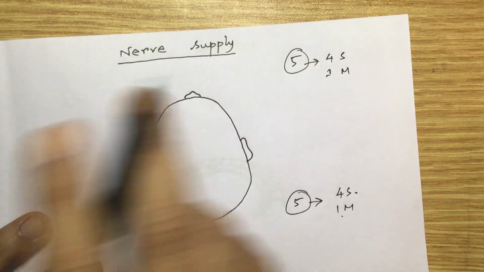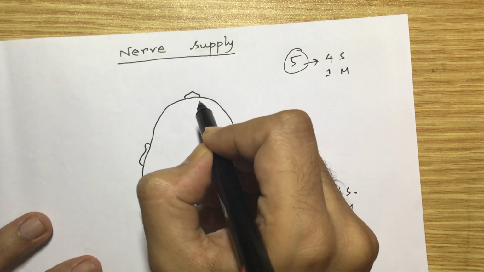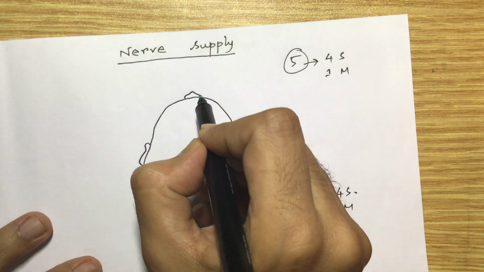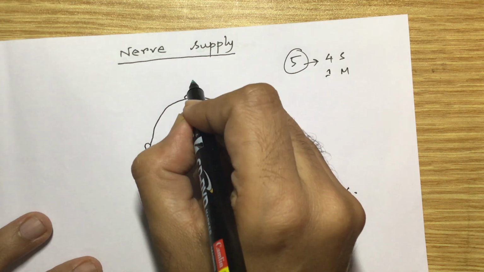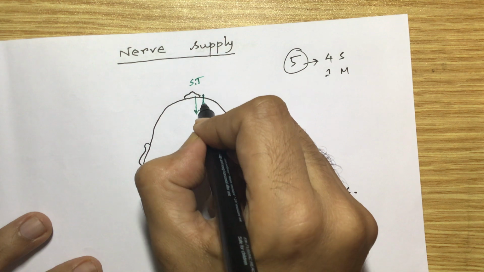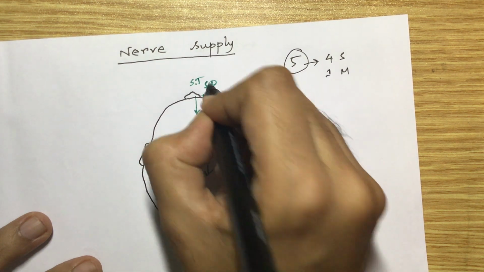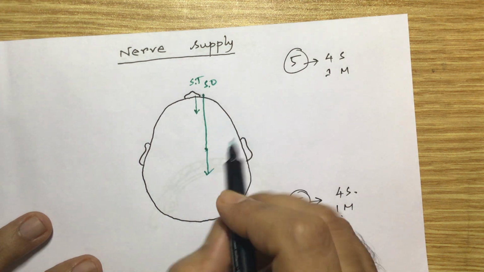The names are very similar to those of the artery and vein here. Because they are coming from the orbit, they ascend above. One is the supratrochlear, and another one is the supraorbital.